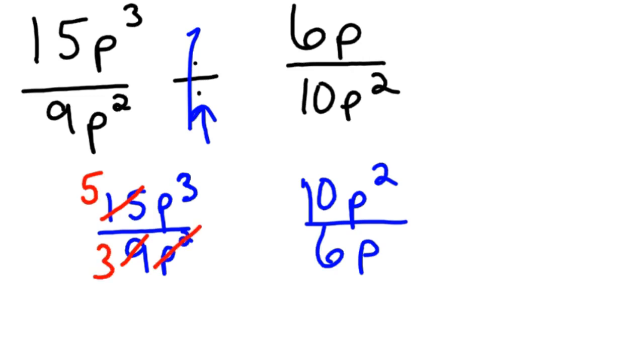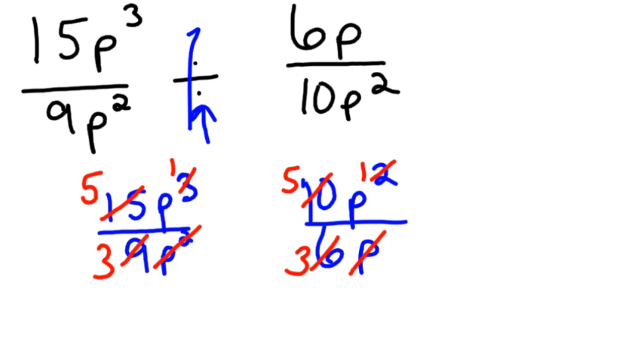P squared and p cubed, that's p to the first power. P and p squared, that's p to the first power. 6 and 10 is 3 and 5 if you take a 2 out. And nothing else simplifies.